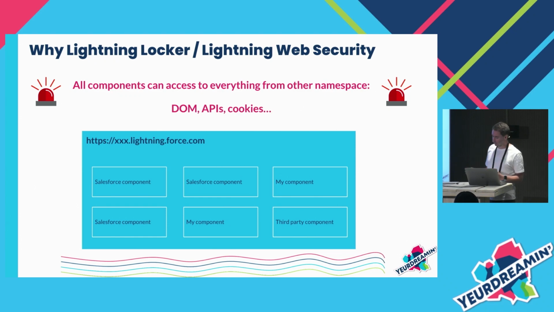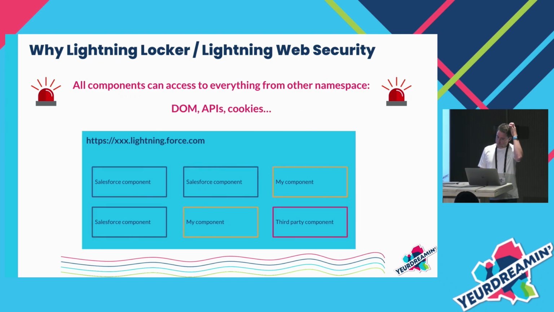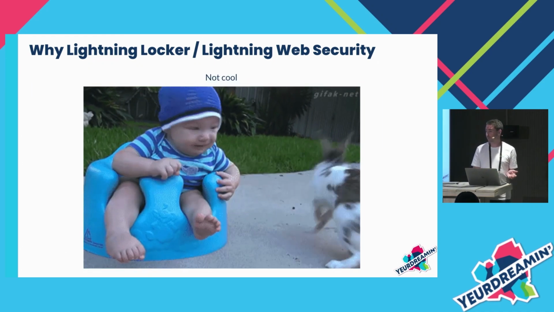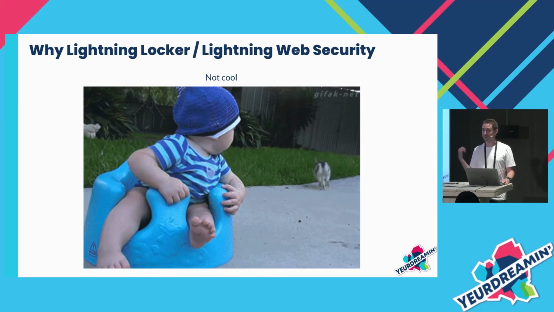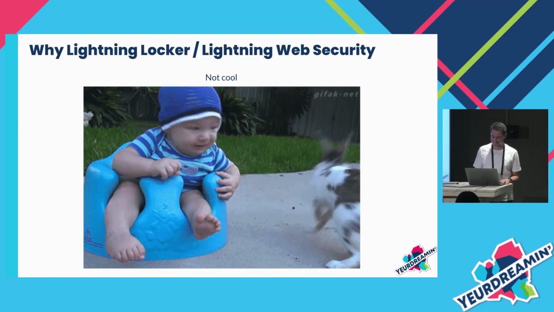That wouldn't be very secure. Here in this example, I have three types of components: Salesforce, mine, and a third-party component. The issue is that everyone can communicate with each other and maybe store some information. That wouldn't be very cool. Yeah, that's the best slide of my presentation.